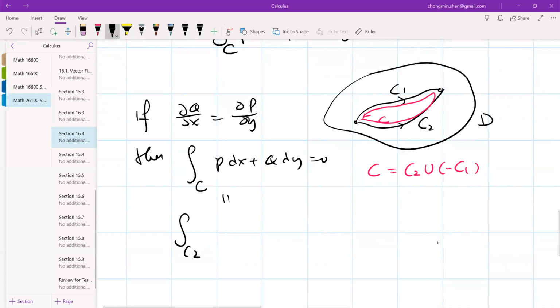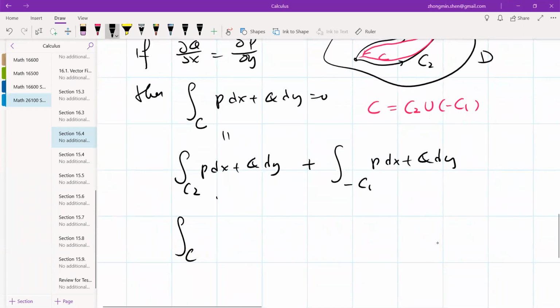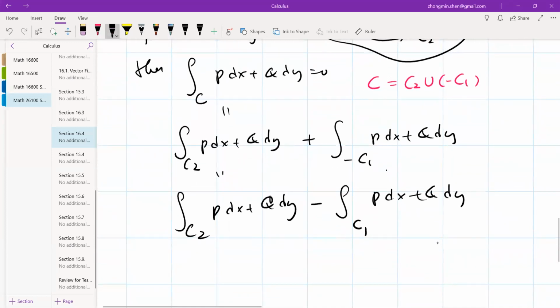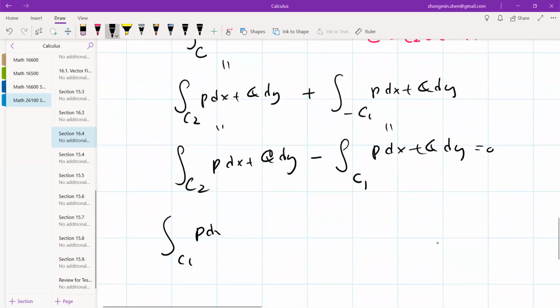It's going to be the integral over C2 of P dx plus Q dy, plus the integral over negative C1 of P dx plus Q dy, and this is supposed to be 0. This is still the integral on C2, but this becomes negative the integral on C1 of P dx plus Q dy. We already proved that, so that is going to be 0. So that means this line integral is going to be equal to this line integral.